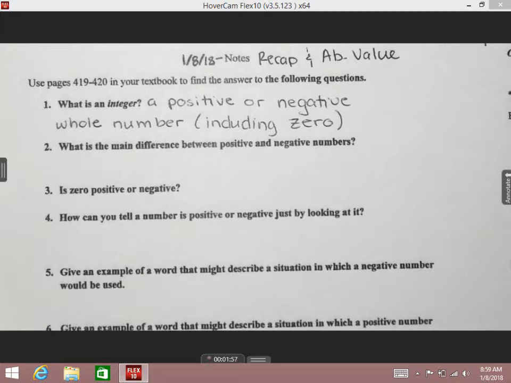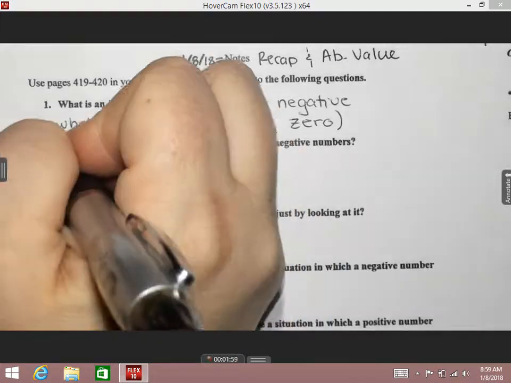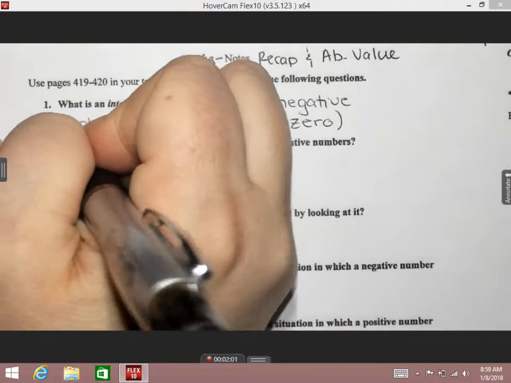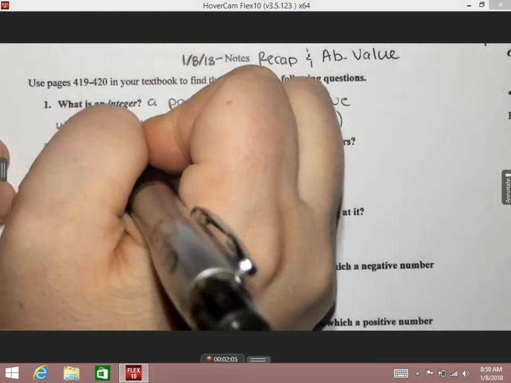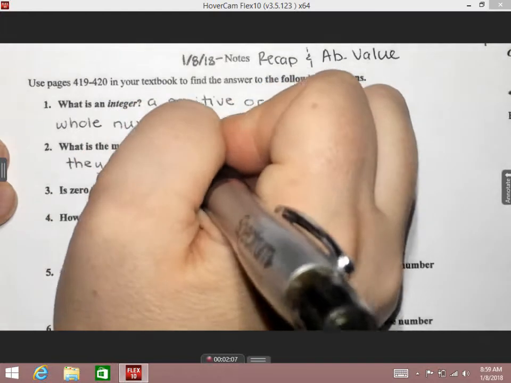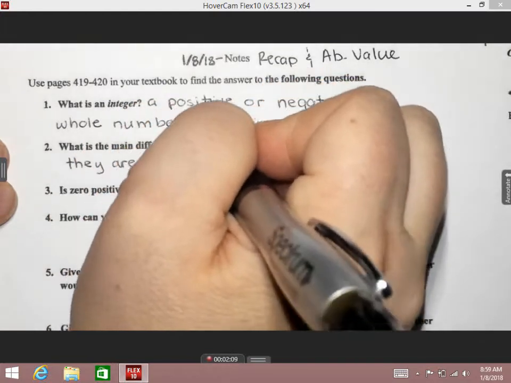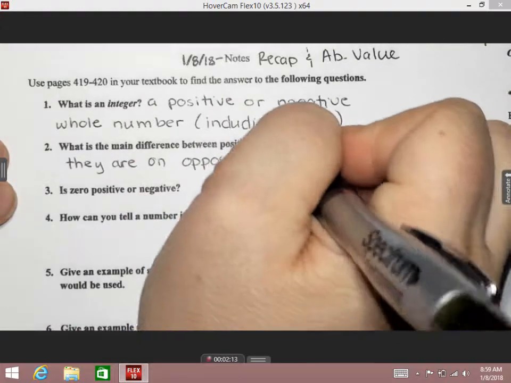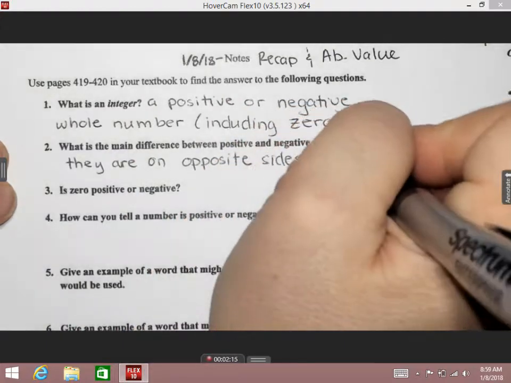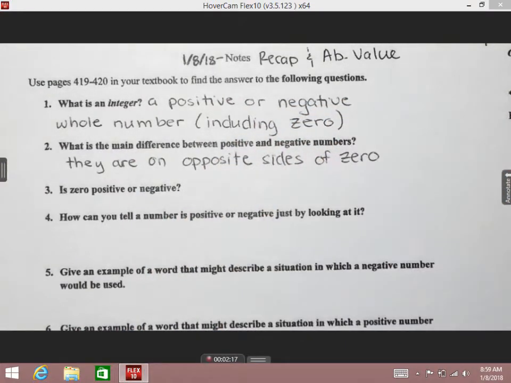So the main difference between positive and negative numbers is they are on opposite sides of 0. Do y'all agree with that? And that's going to become important when we talk about finding the opposite of a number in just a moment.